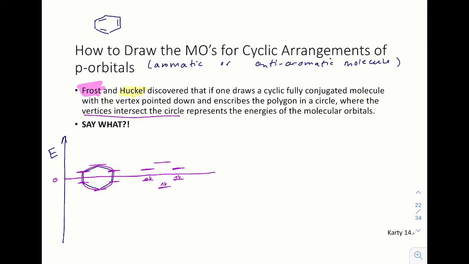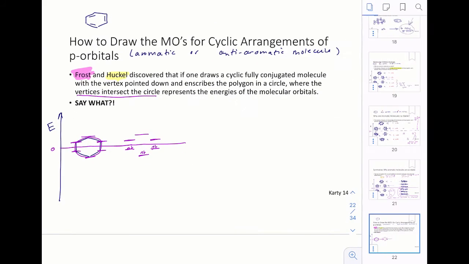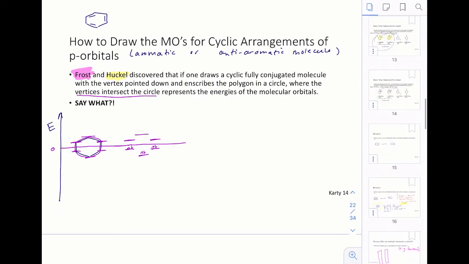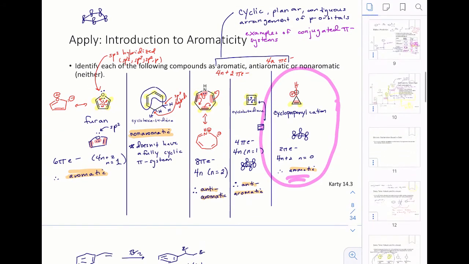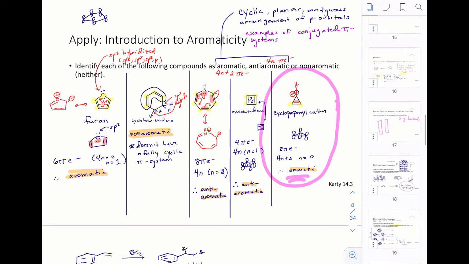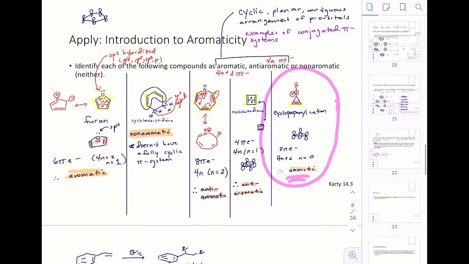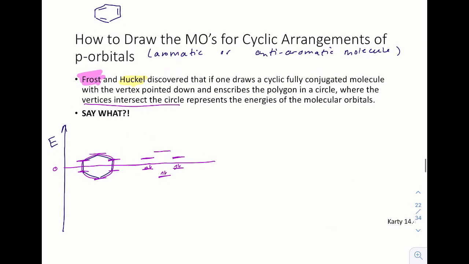Well, what if we wanted to consider a different system? Let's look at the molecules we analyzed a while ago. We predicted that the cyclopropenyl cation would behave like an aromatic compound. There were 2 pi electrons in that fully conjugated cyclic system. Let's examine a 3 p orbital cyclic system using a Frost circle to at least figure out the relative energies of the orbitals.